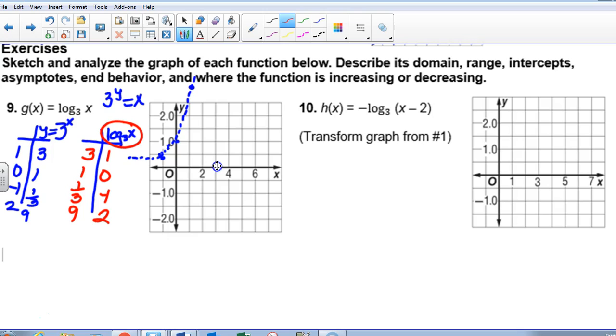So be careful. The scale on this is crazy. There's 3, 1, 1, 0, 1/3, negative 1 is clear down here. 9, 2 would be just off there.